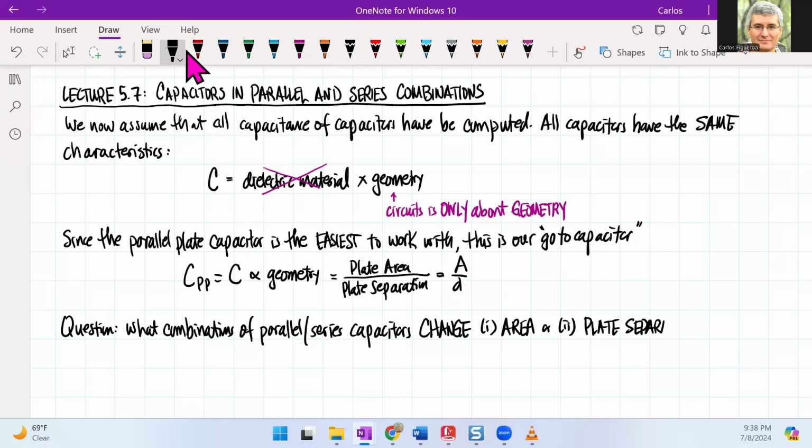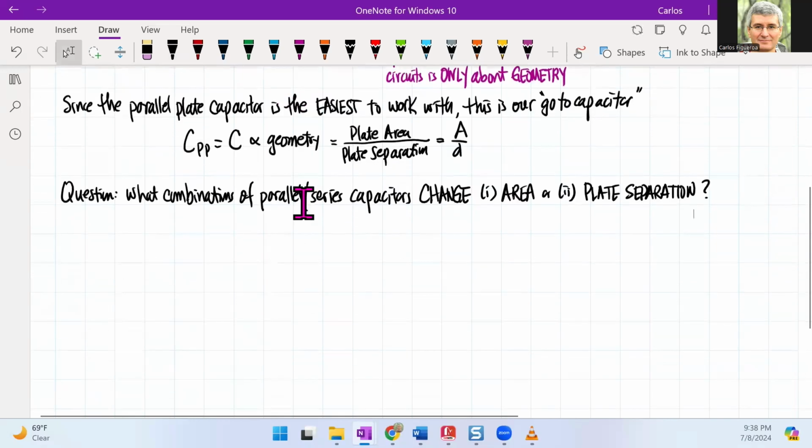Because this is geometry of circuits here, we look at the combinations of series and parallel to actually answer this question.